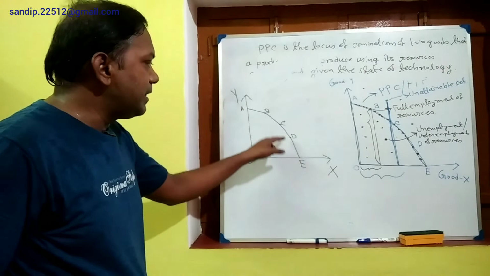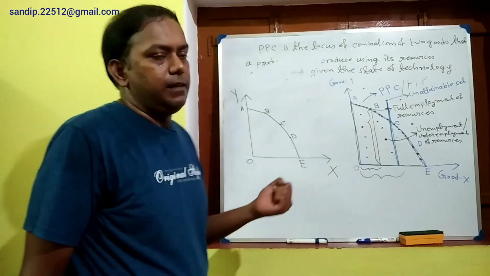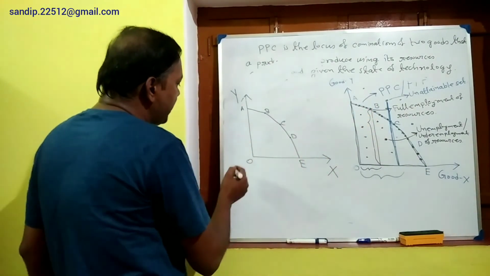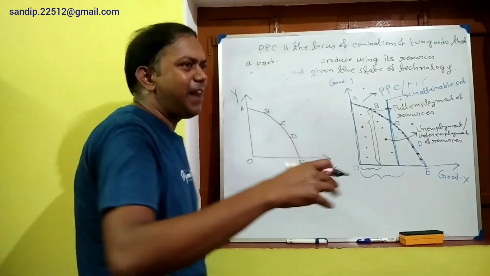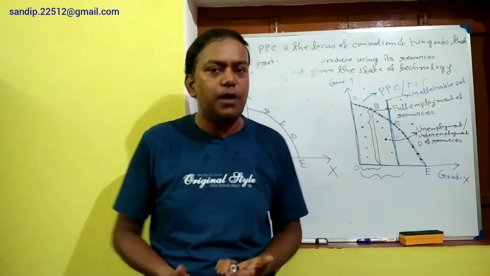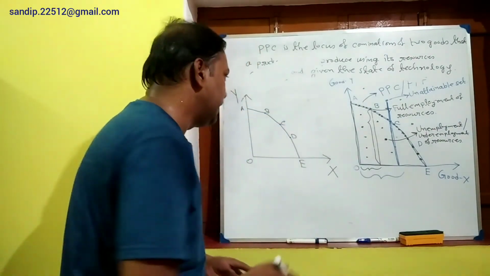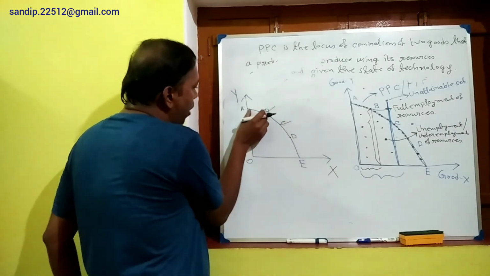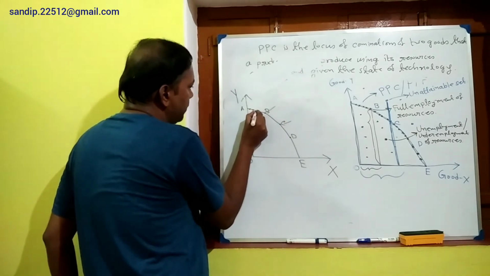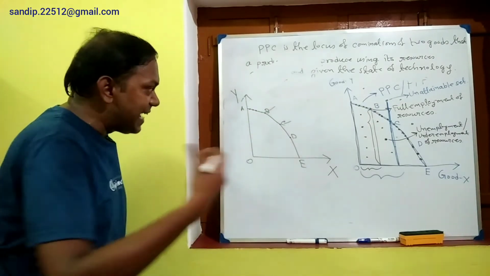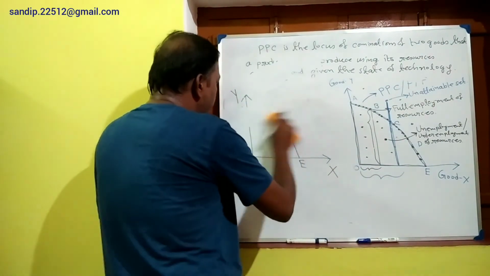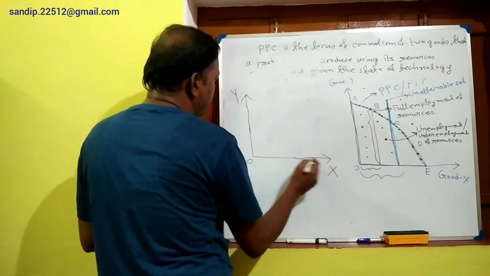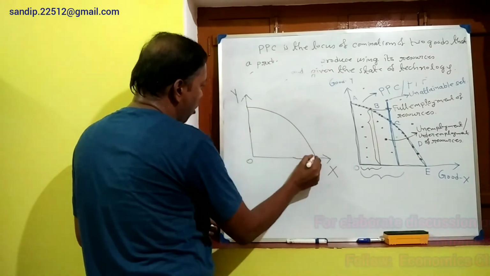But instead of taking 5 combinations, suppose using 100 laborers the producer can produce an infinite number of combinations, A, B, C, D, E, F, like that, n number of combinations. Then all these kink points will come closer, and ultimately we will get a smooth shape of PPC.